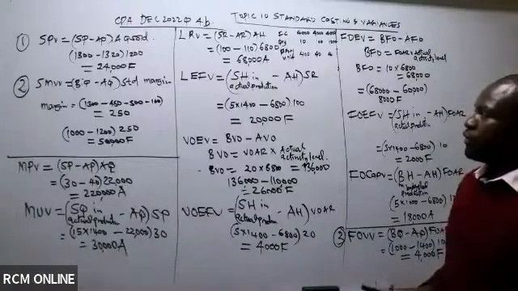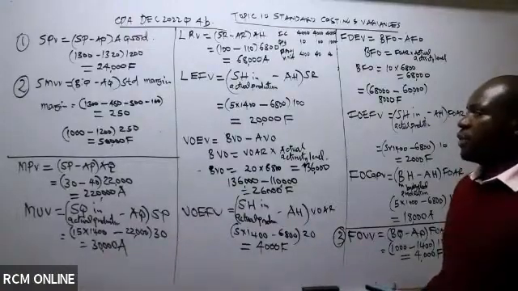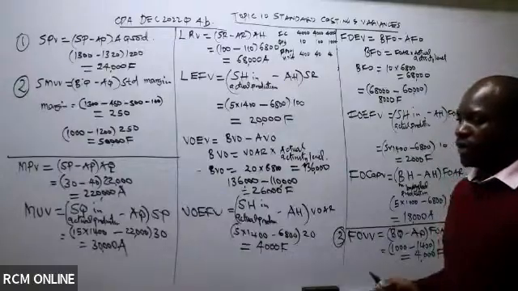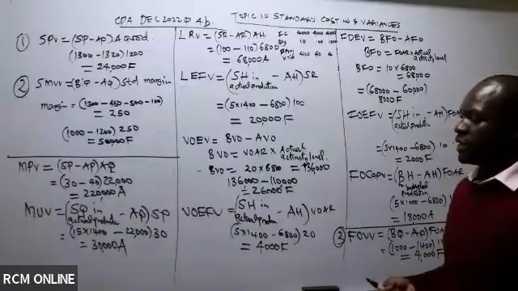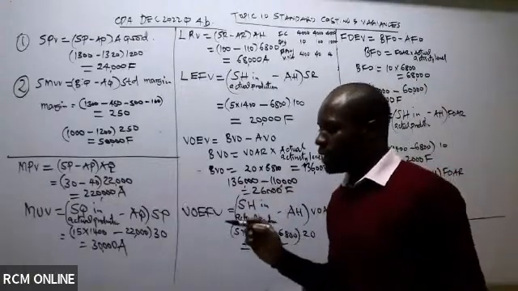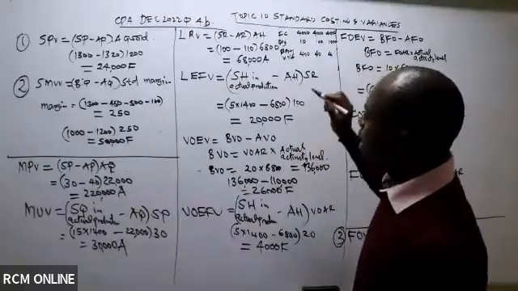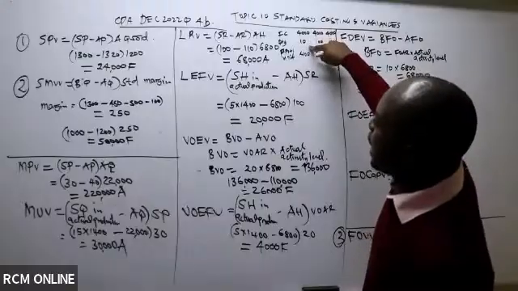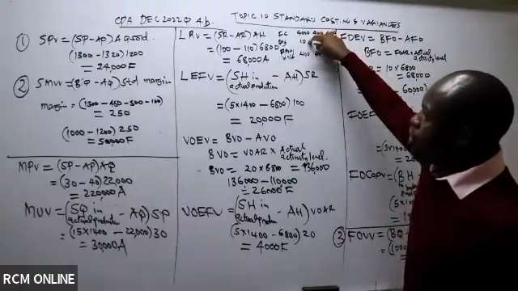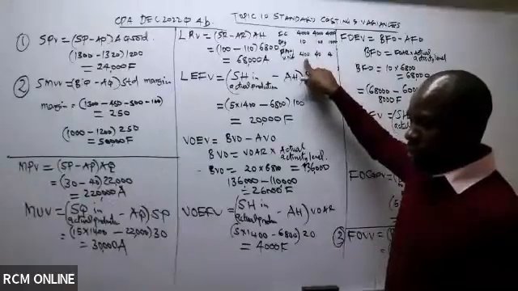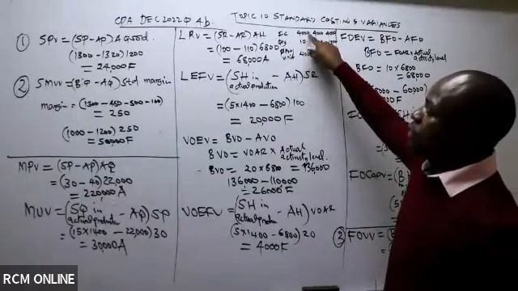Okay, I want us to pick it from this point. You are in business, you are doing wholesale, right? Maybe there are parcels being sent to you. If 10 are delivered to you, you will be charged 400 per unit, to give you 4,000.